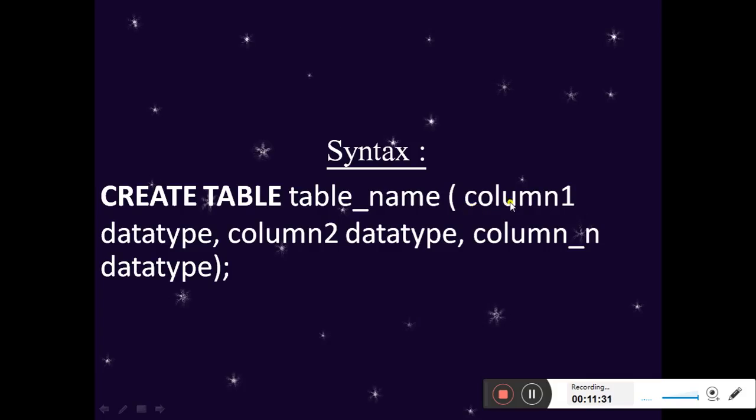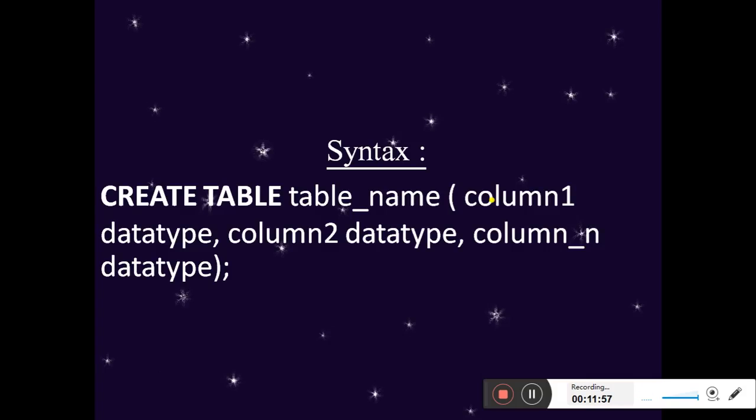Now what is this column 1? This column 1 is the name of the field. Then after that you're supposed to write down the data type. Now what is data type? It is the type of data you're going to insert in this column. For example, in roll number you are going to insert integer numbers.